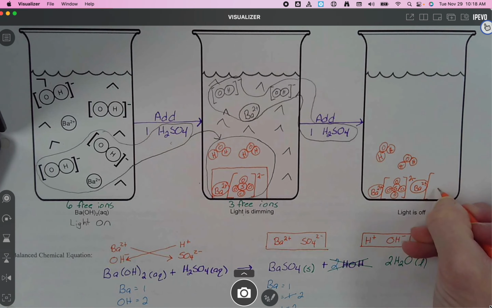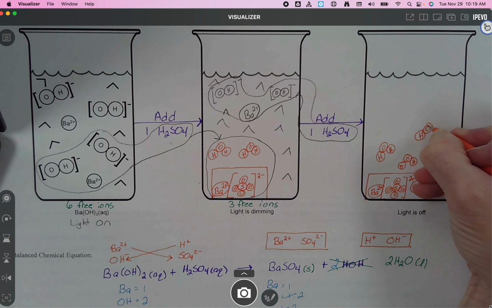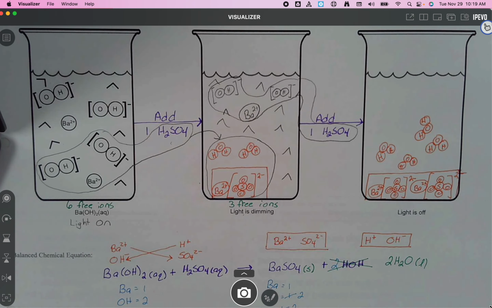So now I have even more solid. I'll box that up on the bottom there. 2 more water molecules. There's my 2 more water molecules. So here's my second batch stuff.